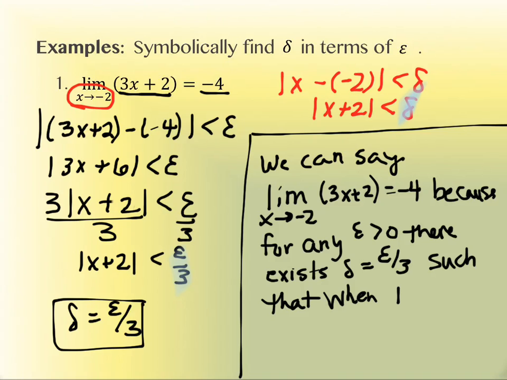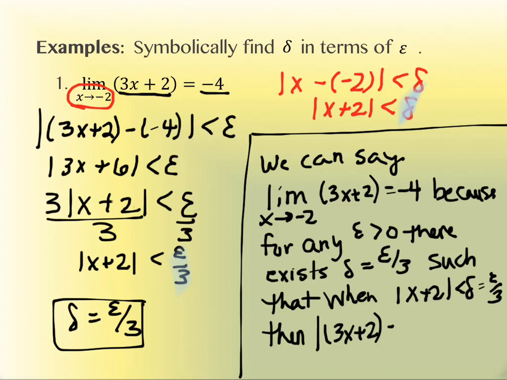when the absolute value of x plus 2 is less than delta, which is equal to epsilon over 3, then f of x, I'll put my function in there, 3x plus 2, minus that negative 4, is less than epsilon.